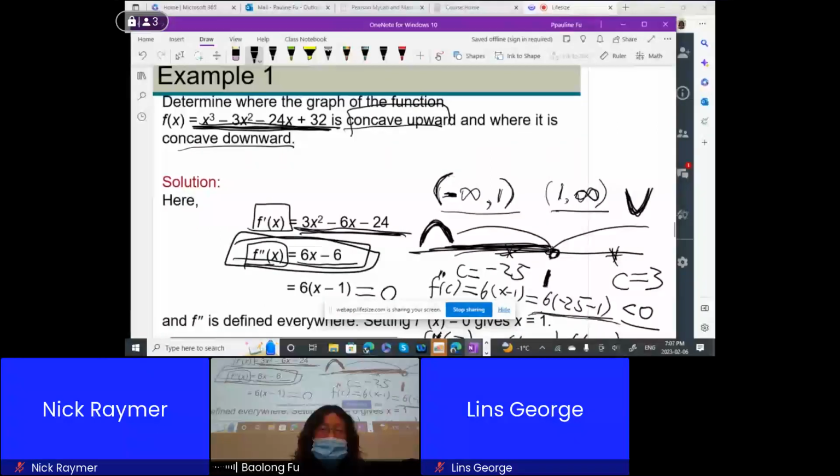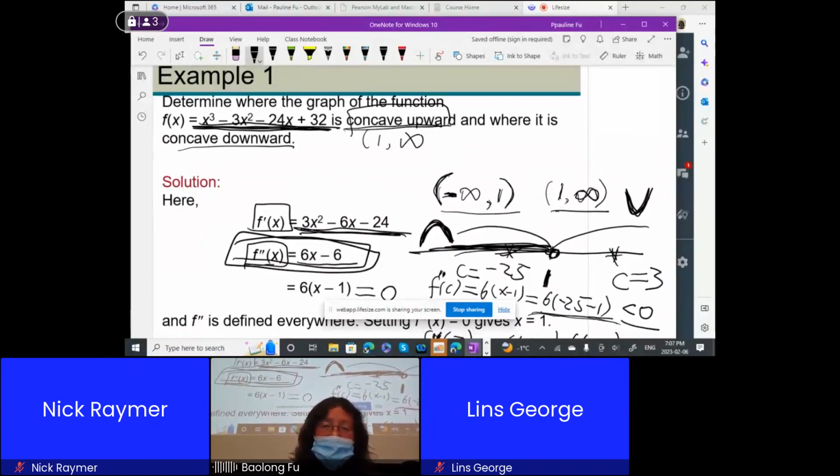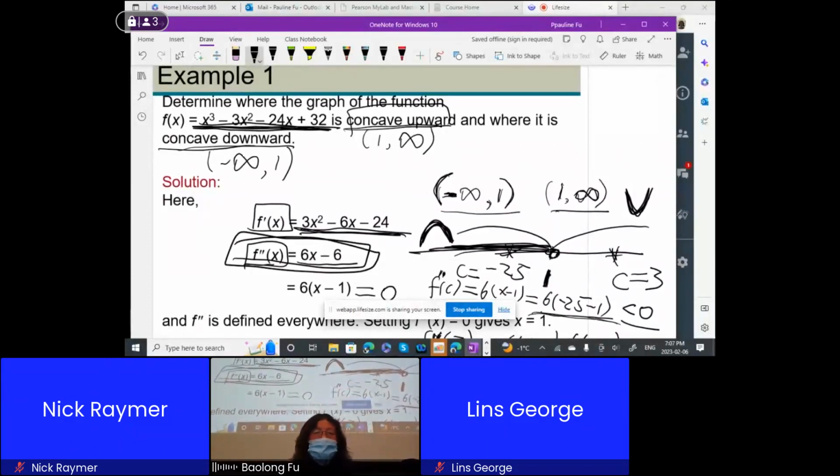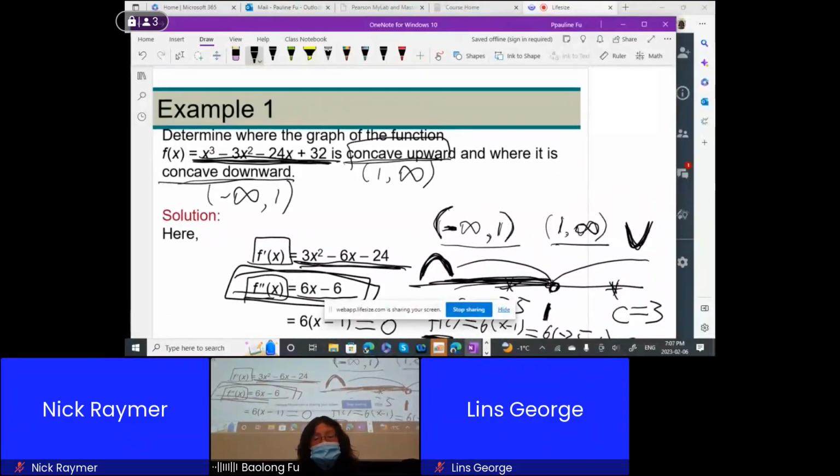So the final conclusion: concave up is from 1 to positive infinity. Concave down is from negative infinity to 1. That is the final conclusion. Any questions?